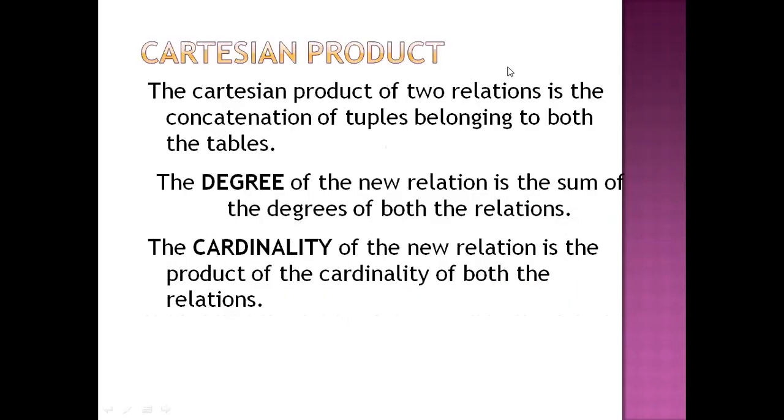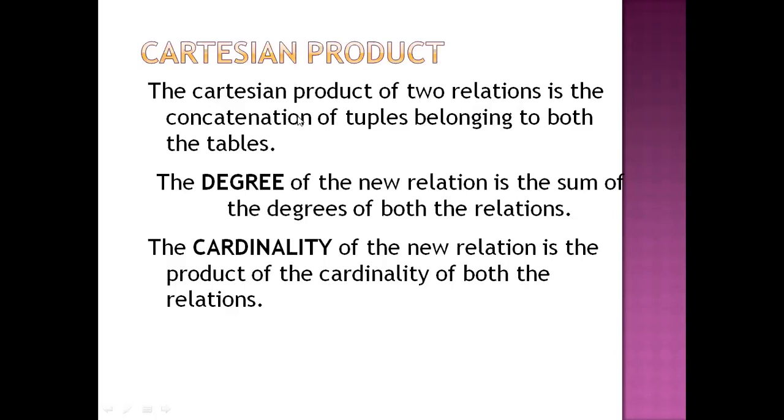So here Cartesian product, this is very important. The Cartesian product of two relations, the product of two relations, is the combination of tuples, records and rows belonging to both the tables. So that is called Cartesian product.